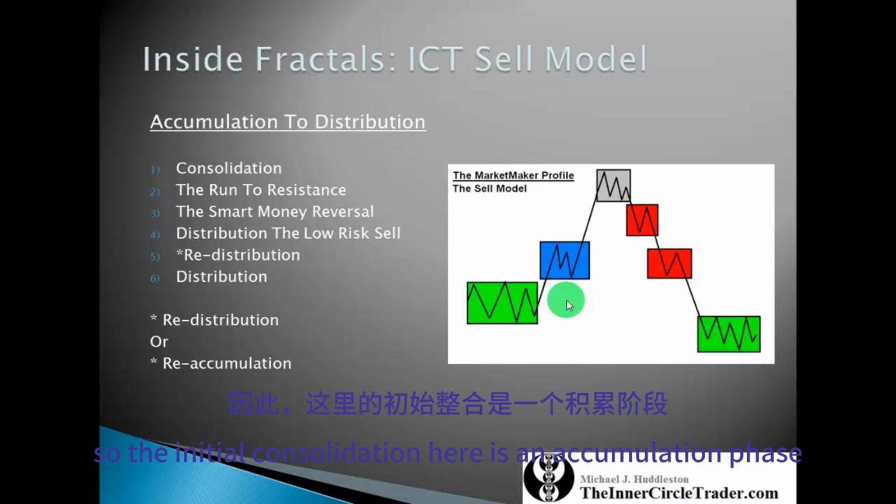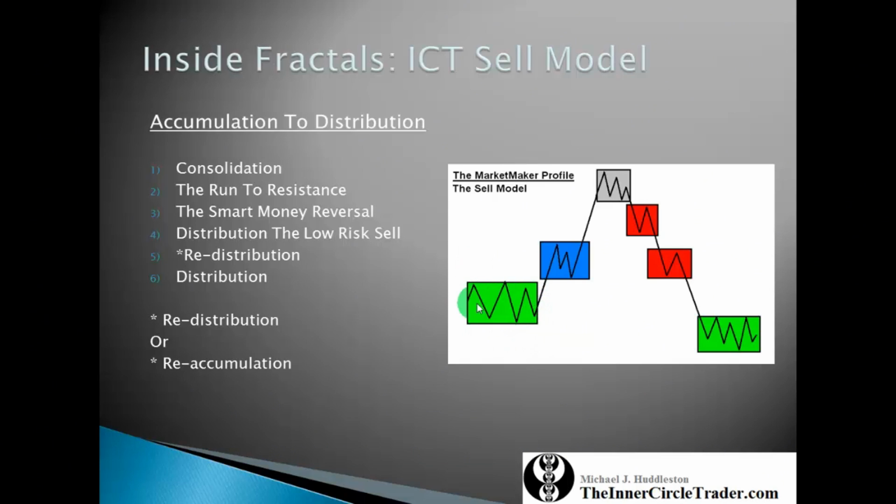Okay, so the initial consolidation here is an accumulation phase. The market will move into the run to resistance, and then the next stage is the smart money reversal.